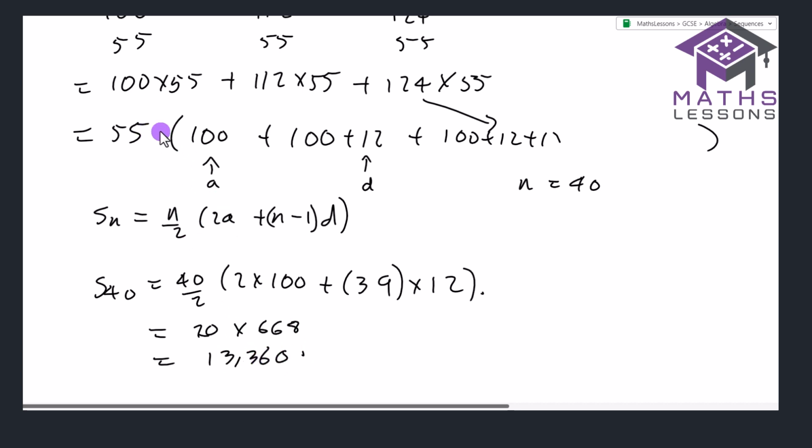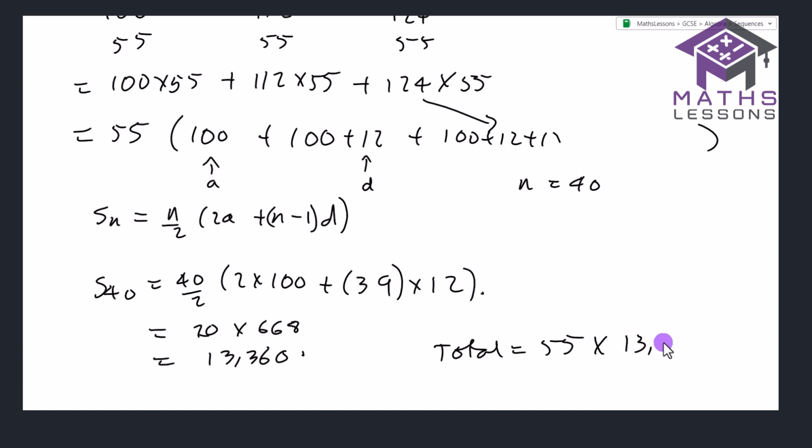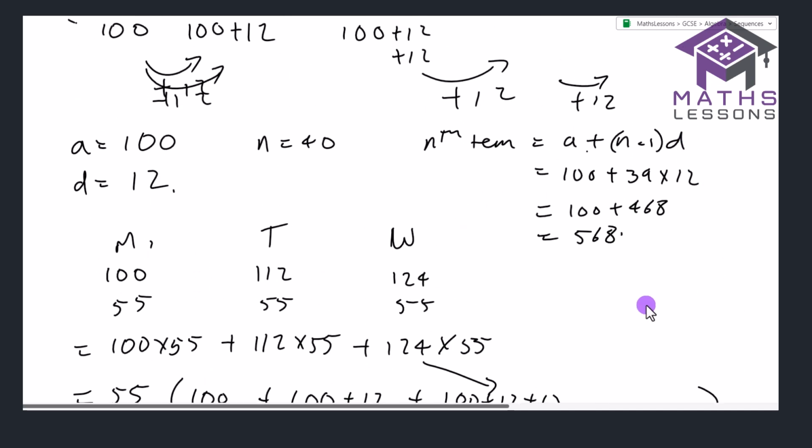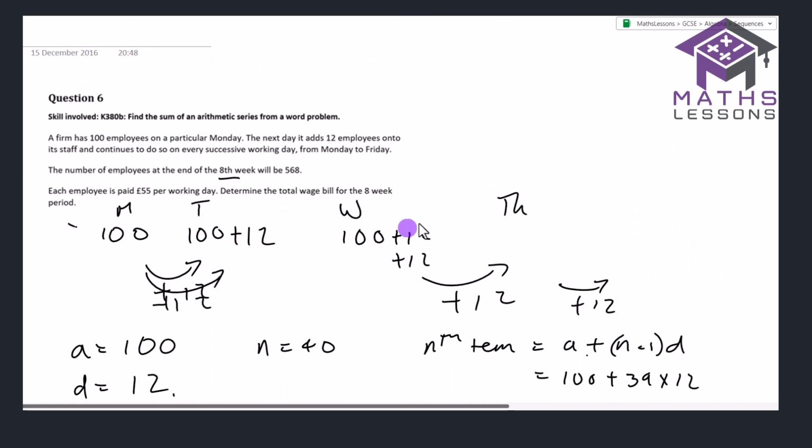But remember, that's 55 we've got to multiply that by. So the total equals 55 times 13,360, which gives us £734,800.